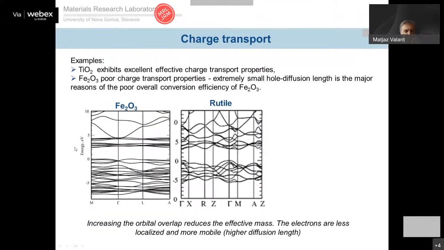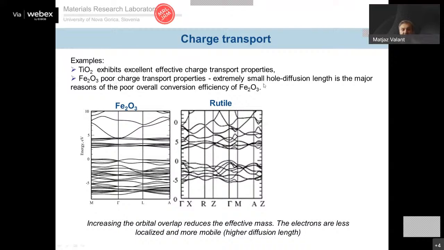So here we go, two examples. Titania has very curvy states, and therefore it has excellent charge transport properties. While hematite, as we talked about, you see how flat these orbitals are. So hematite exhibits very poor charge transport properties.